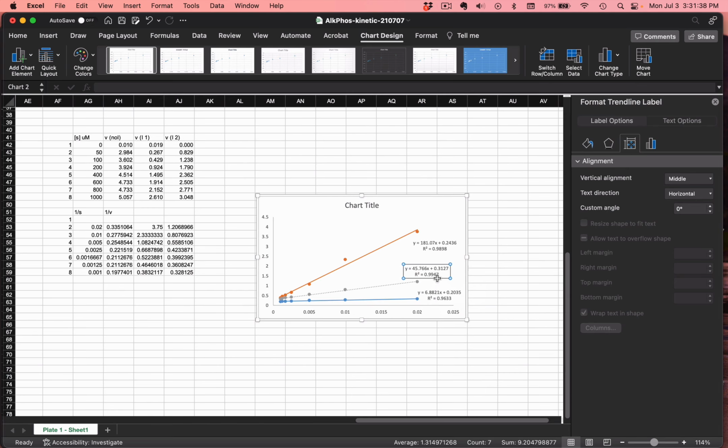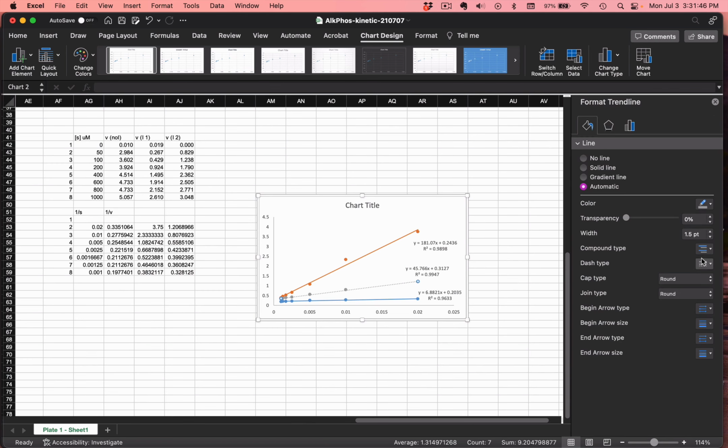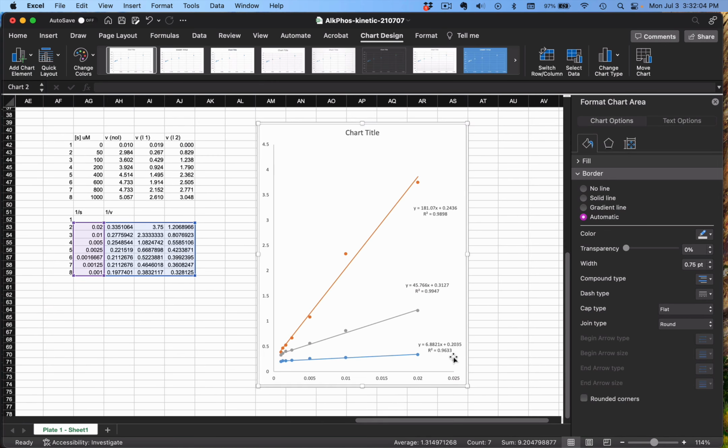Then I'm going to go to the line and change it to a solid line. Now we've got our chart down here, and you can make this bigger so that you can look at it. Here's the equation for the line with no inhibitor present, the equation for the line with the inhibitor, with our second inhibitor, and then with our first inhibitor.